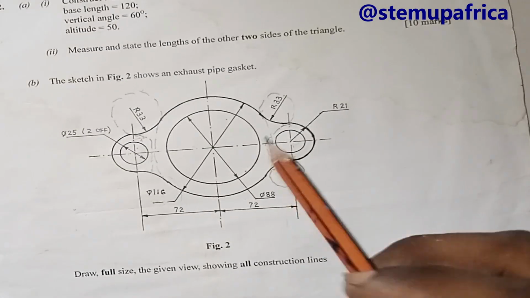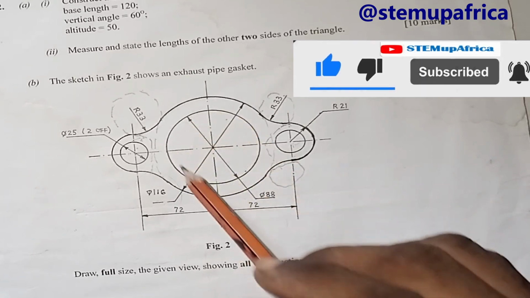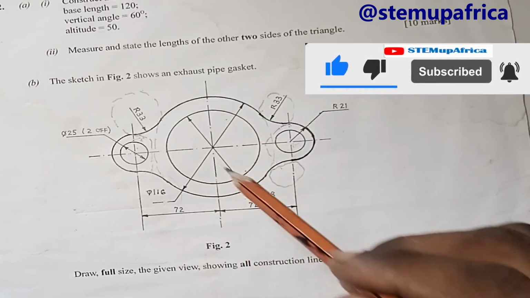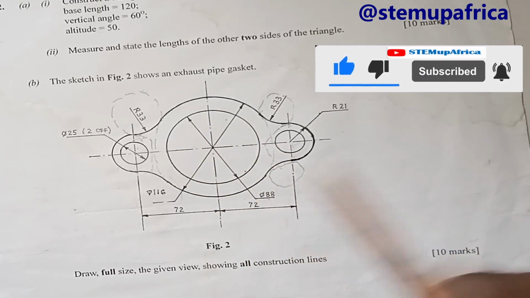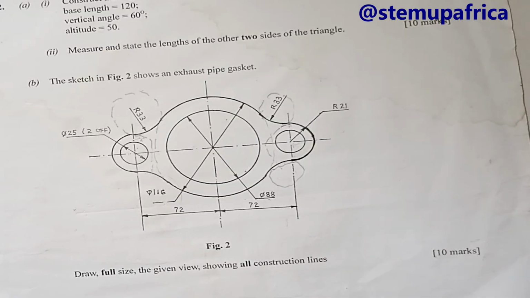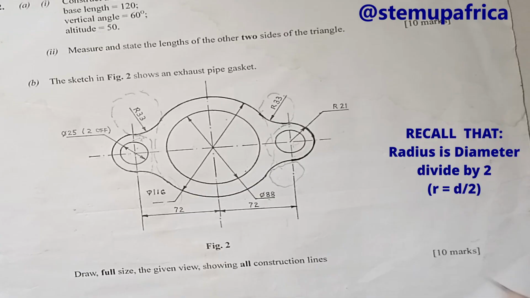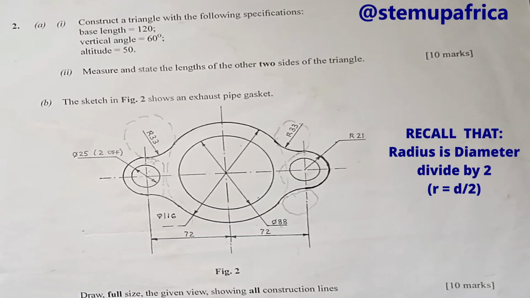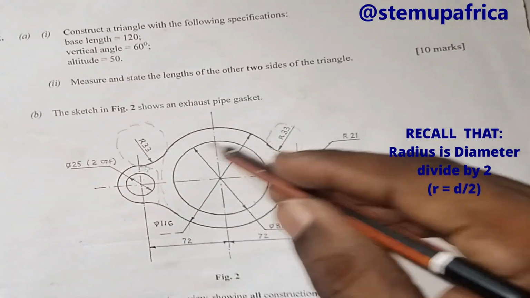If that has been done, what next? Let's start by drawing this circle. We are told that this circle has a diameter of 88. What is the radius? We draw a circle with radius, not with diameter. From mathematics, radius is diameter divided by 2. So if I divide 88 by 2, that will give me 44. So let's draw a thick circle of radius 44.